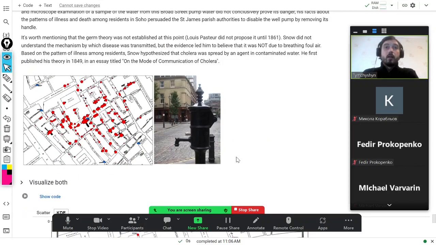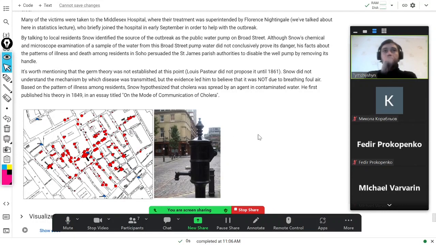So what he did, he took a map of the area and he put points on that map that signified the number of casualties at those houses. And he overlapped that map with the map of water sources that they had at that time. And he was able to identify the source of the outbreak as a public water pump on Broad Street.